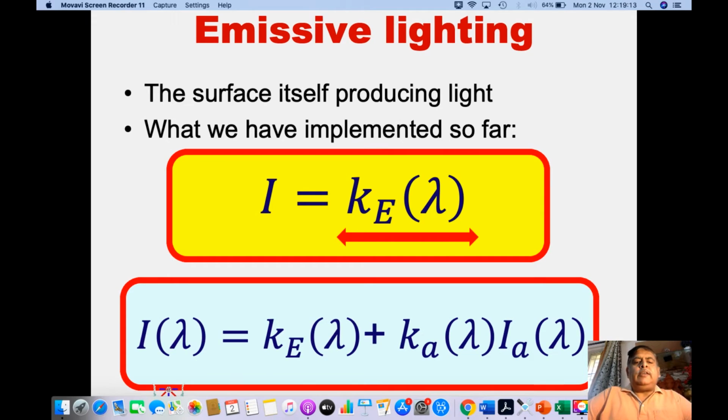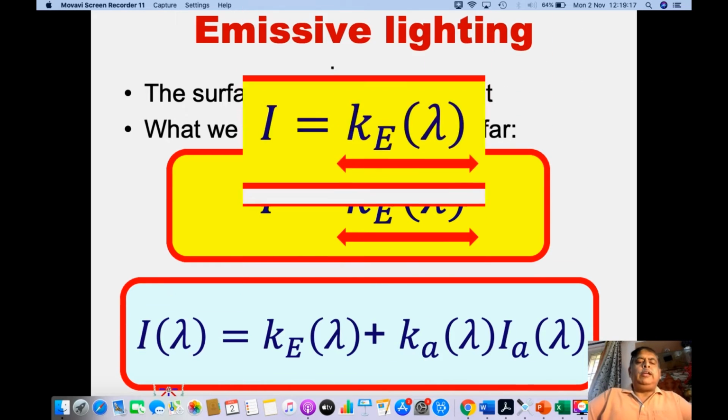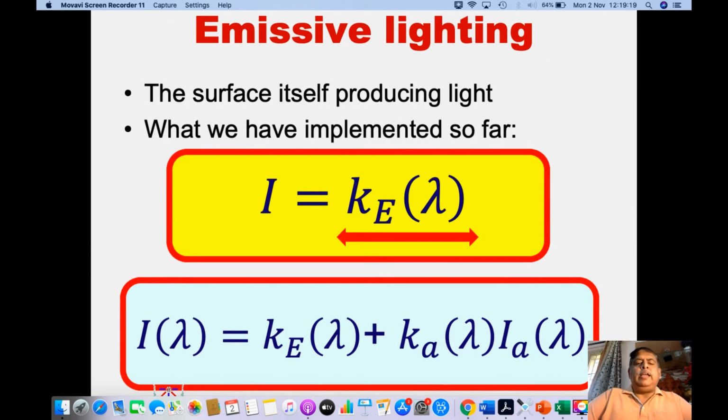In the previous lecture, we have seen the equation of illumination that we are building. One is the Ke lambda, which is the intrinsic property of the object being illuminant or being a light source.